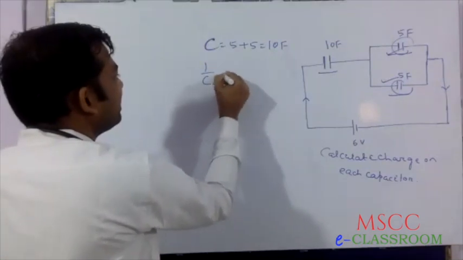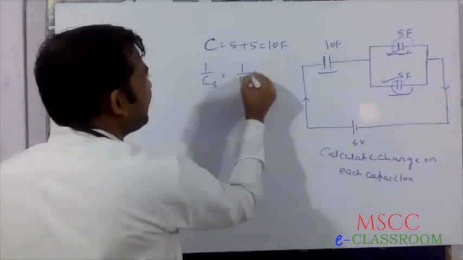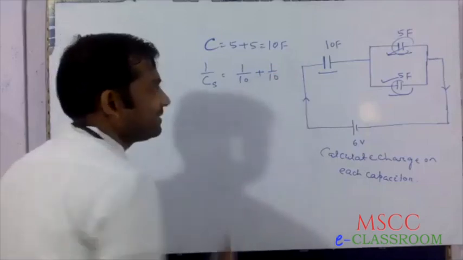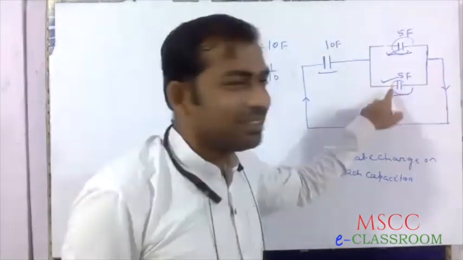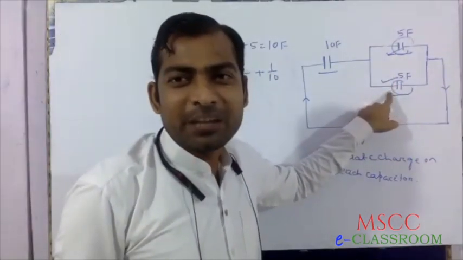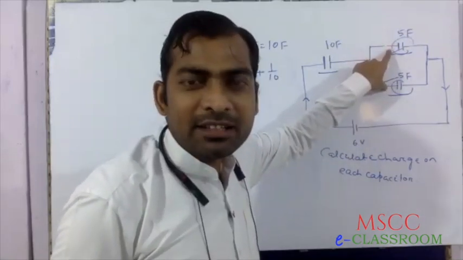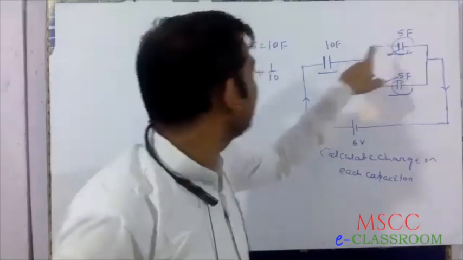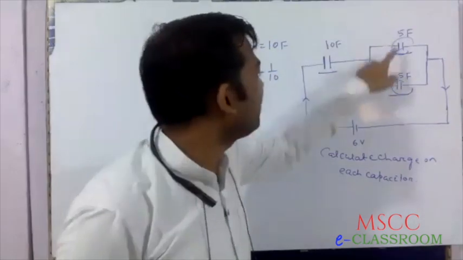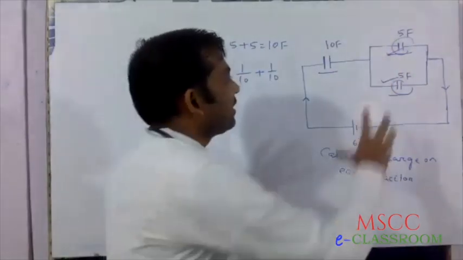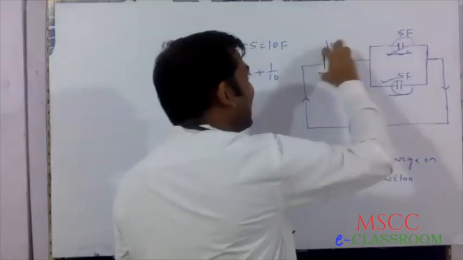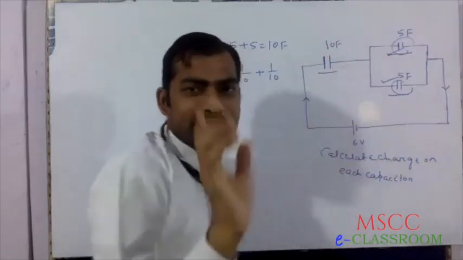Since these are parallel combination, their equivalent capacitance is just addition: 5 plus 5, 10. Your result is 10, 10, connected in series.